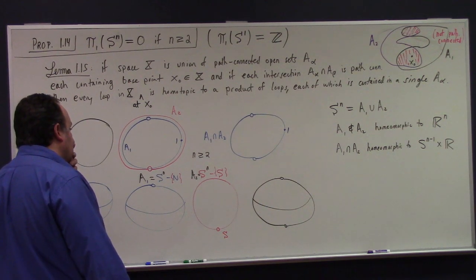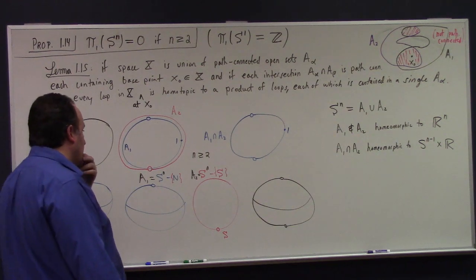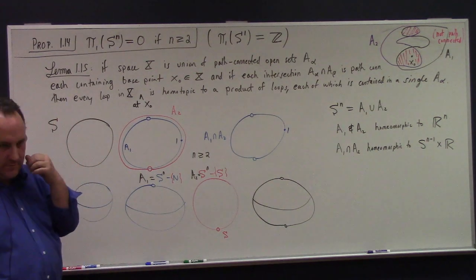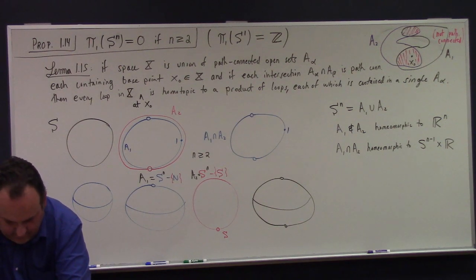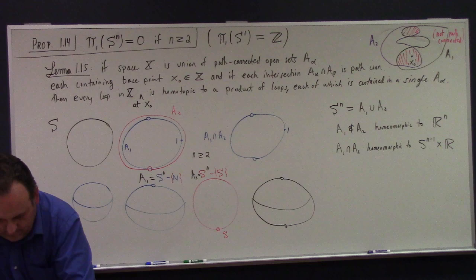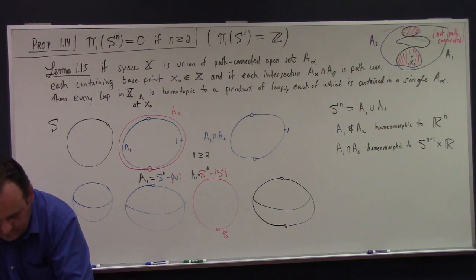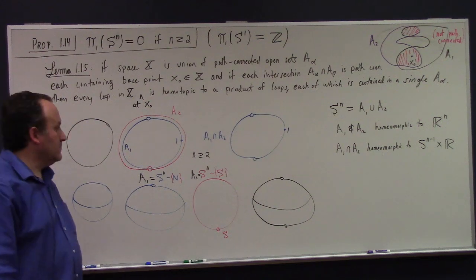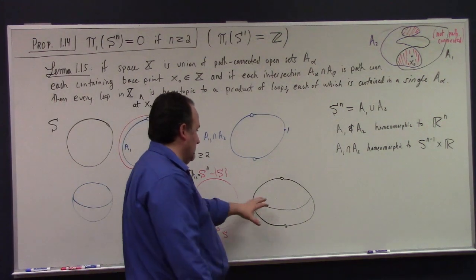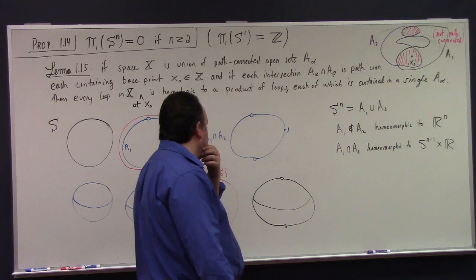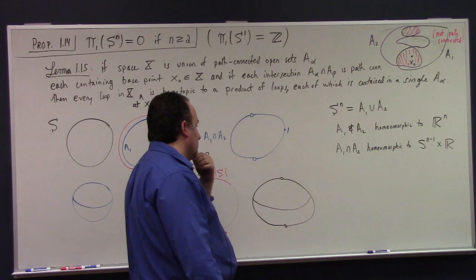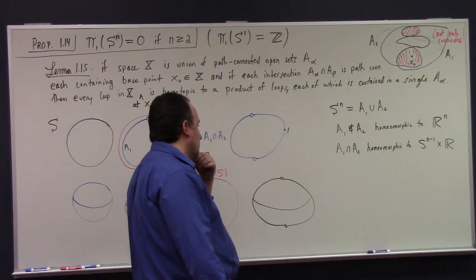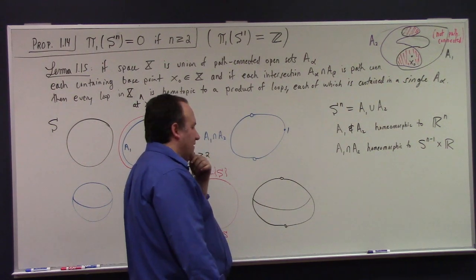Actually, it makes sense. If you think about the equator as S1 in our picture up there, then the positive reals are the top and the negative reals are the bottom.